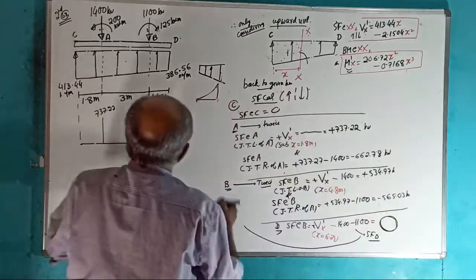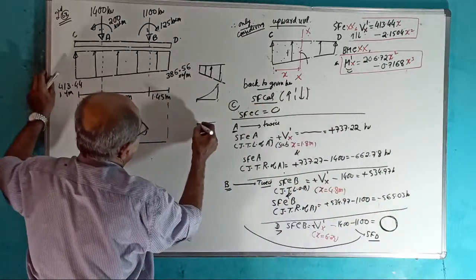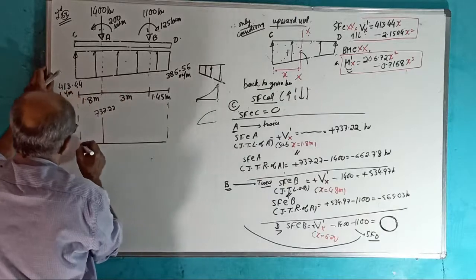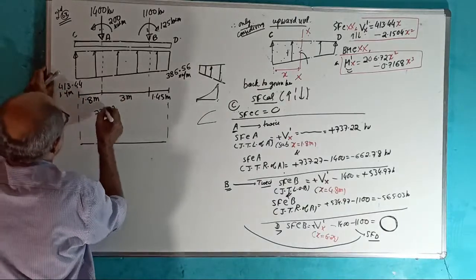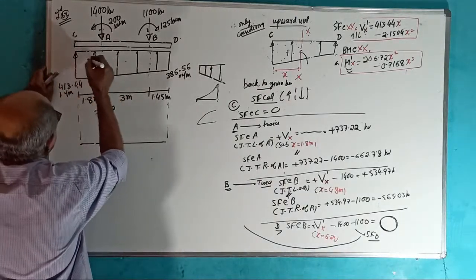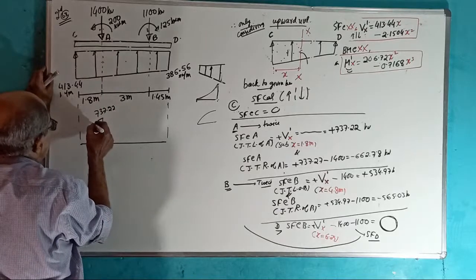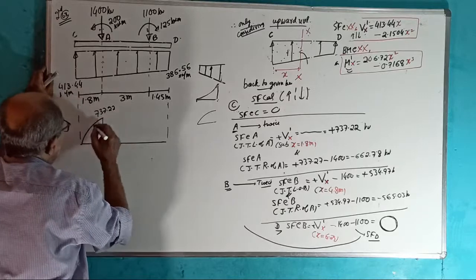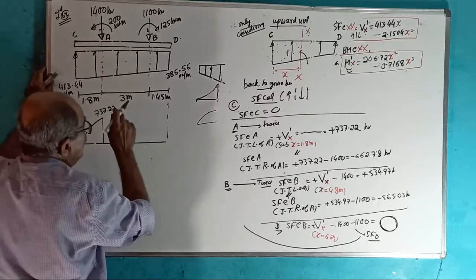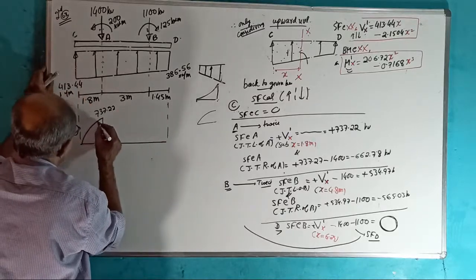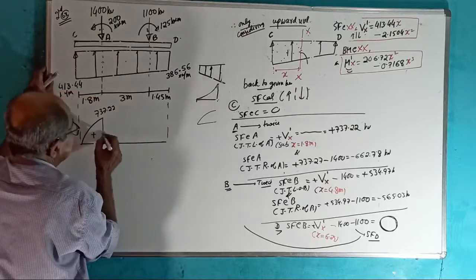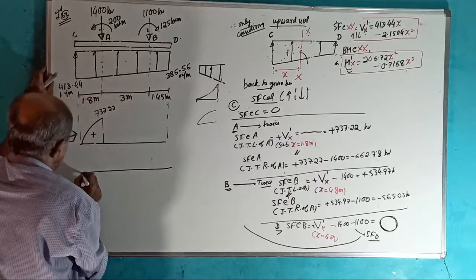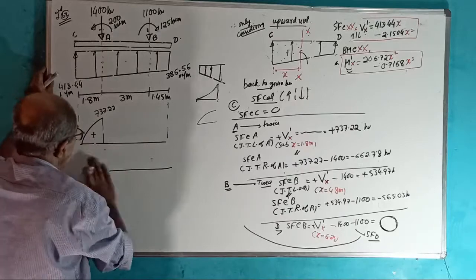So the curve is not this way, the curve is this way. Clear now? Here maximum slope, here lesser slope, and as you go this way the slope will decrease. Last time it was this way, now it is this way.